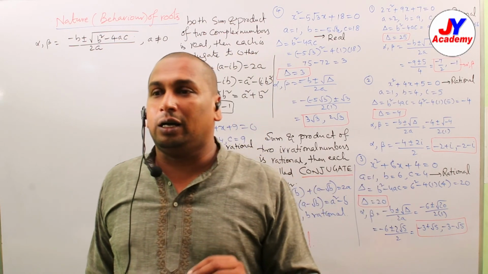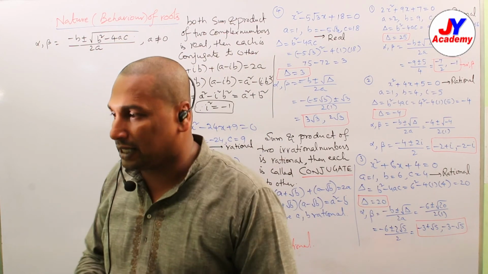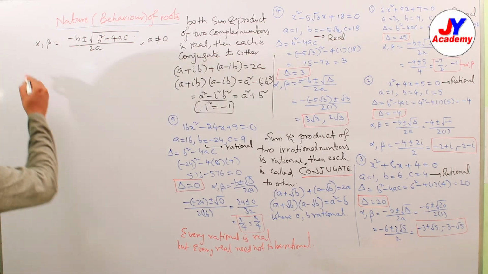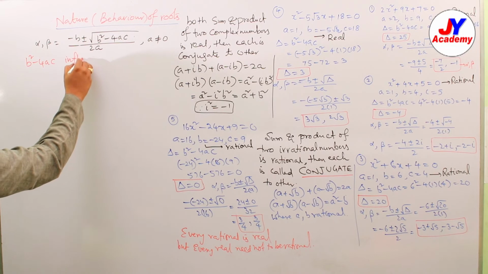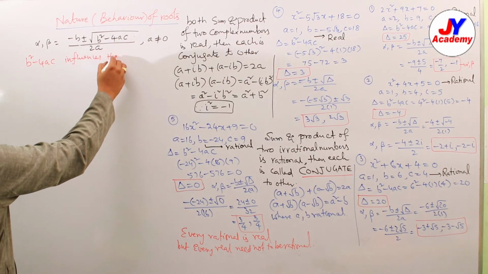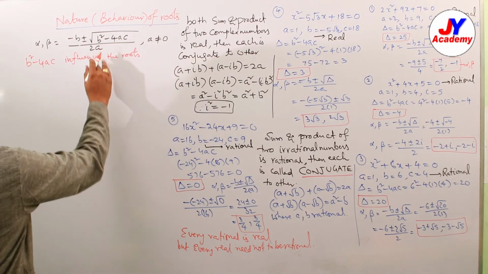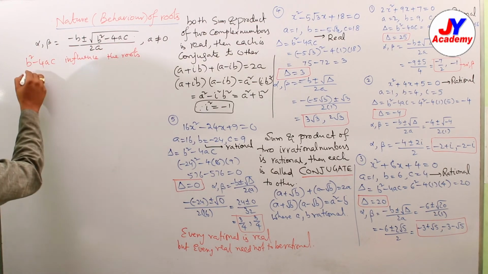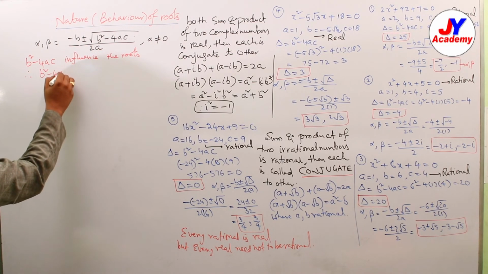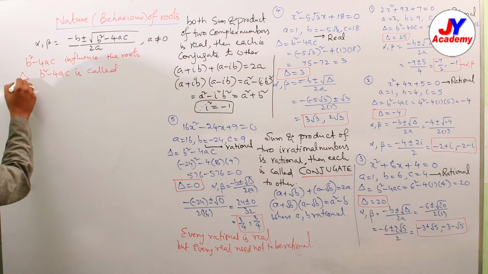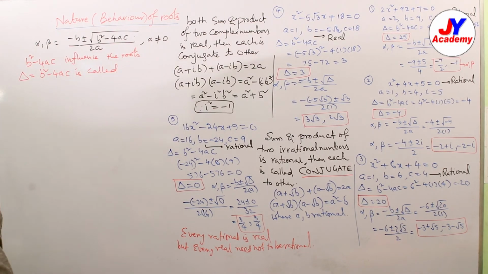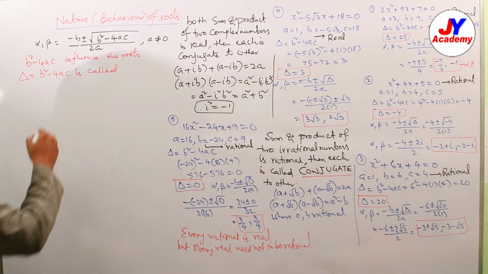It is called the discriminant, and it influences the roots. Therefore B square minus 4AC is called delta. Delta is equal to B square minus 4AC, called the discriminant.